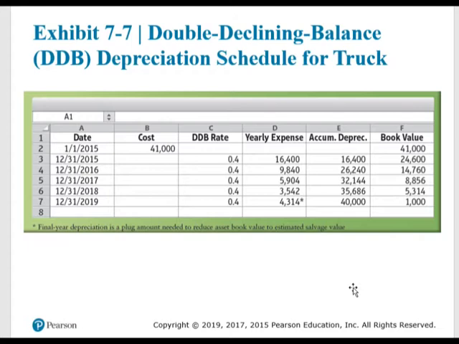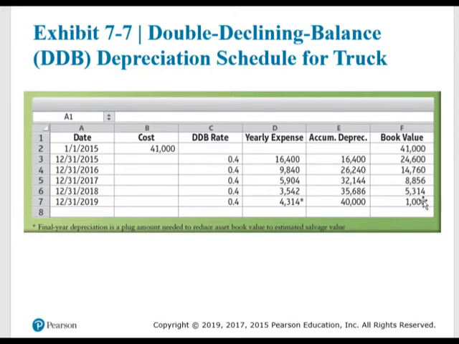In this example, year one book value is $41,000. Multiply that by 40% and you get $16,400. Book value is cost minus accumulated depreciation, so in year two we get $24,600 times 40% equals $9,840.